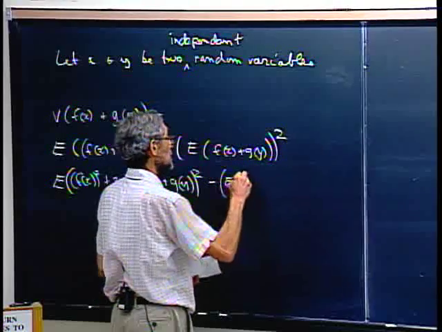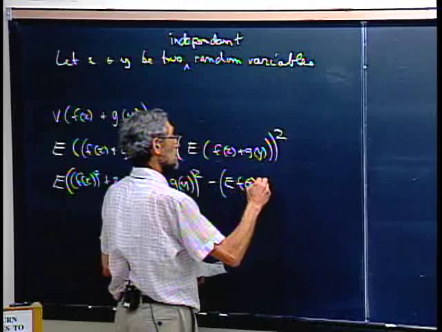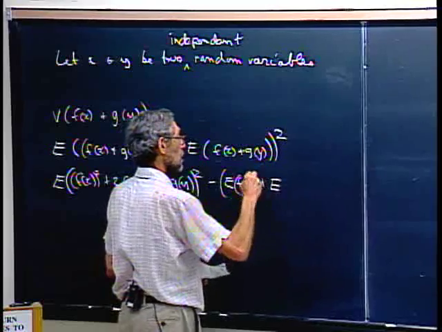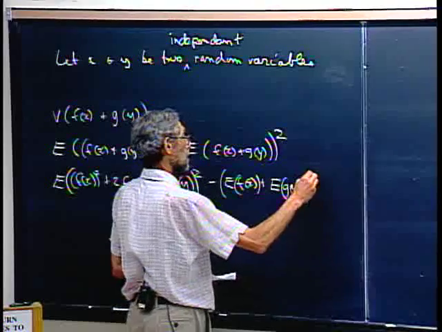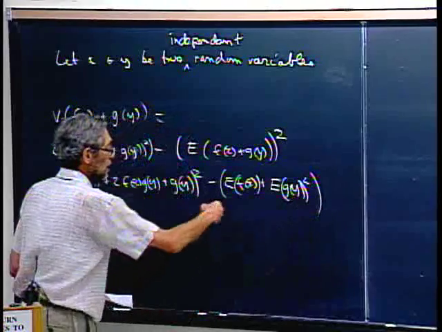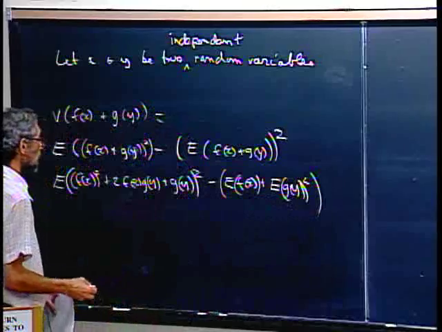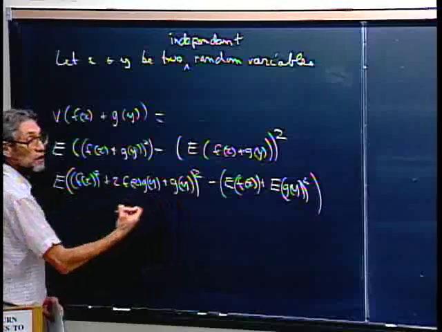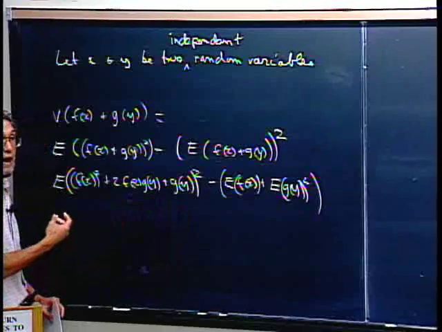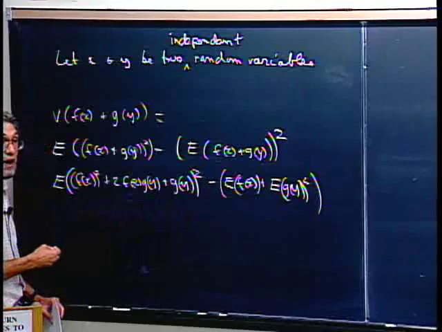So it's the expectation of f(x) plus the expectation of g(y), squared. And I'm subtracting that. So I'll end up multiplying this out. But now I have the expectation of a sum of a bunch of different terms, and they're all functions of random variables.